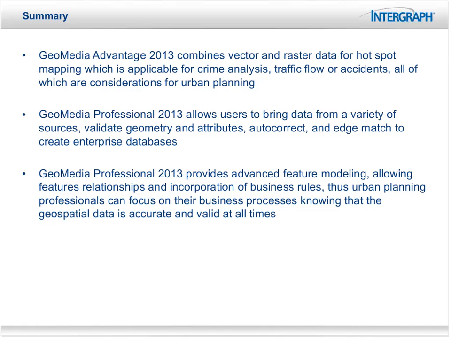And then finally, what David showed just now, the advanced feature modeling, allowing the definition of feature relationships, incorporation of business rules, basically allows the users to focus on their business operations as opposed to worrying about the integrity or the accuracy of the data underneath it. Those relationships and business rules make sure that everything that you do adheres to those at all times.